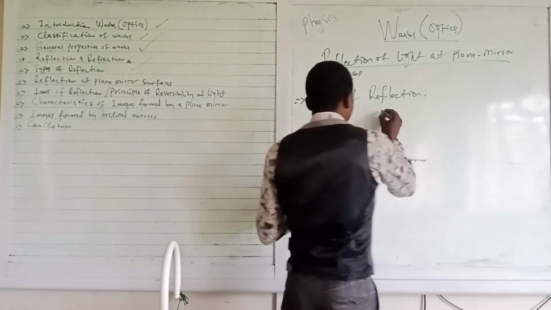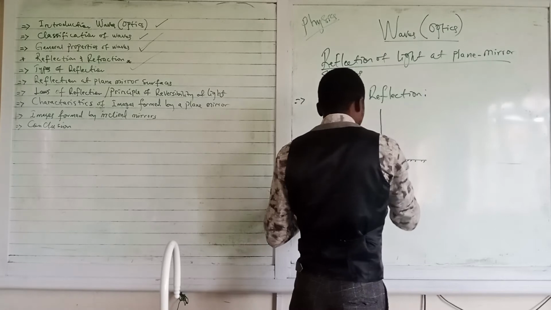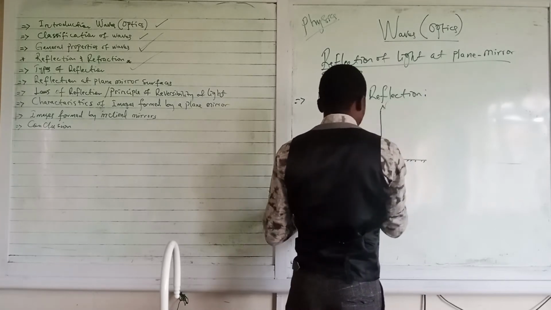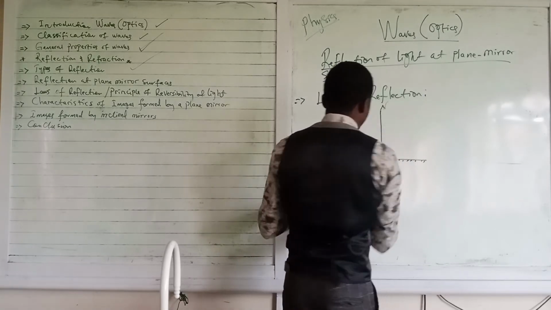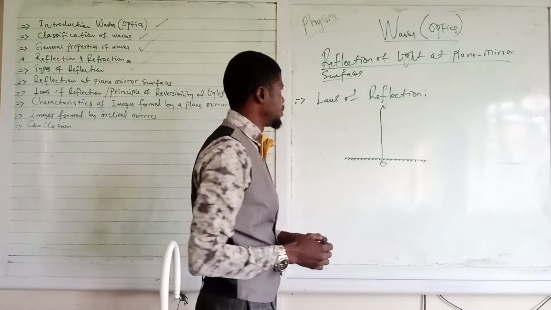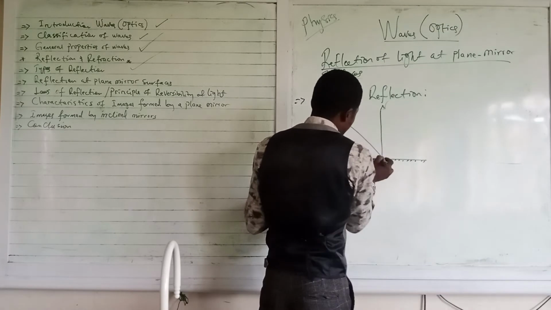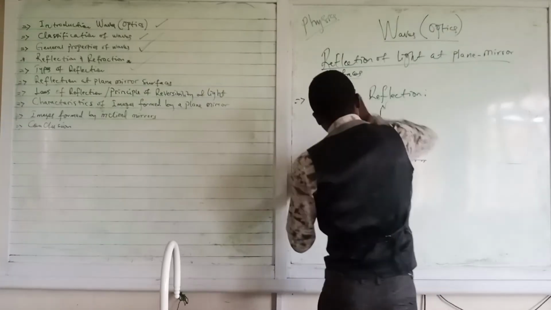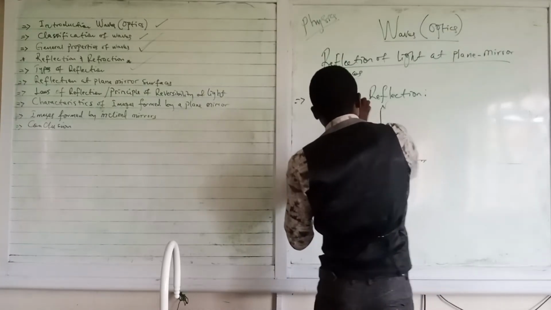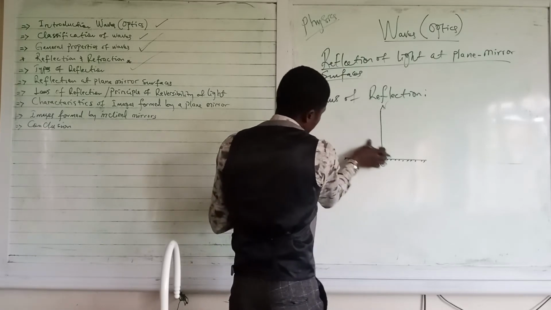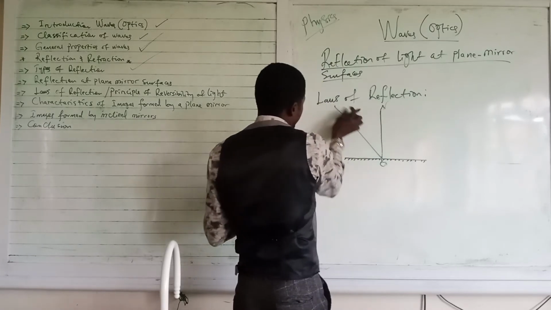So if we draw a normal, perpendicular to the surface of this mirror, let's call it NO, and then we incident a ray of light at this angle, this is our incident ray.